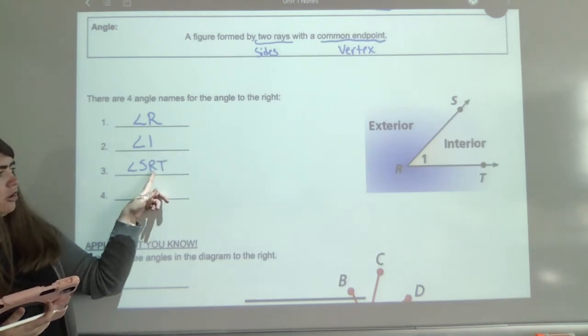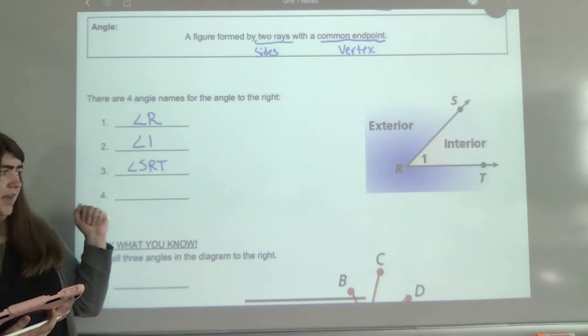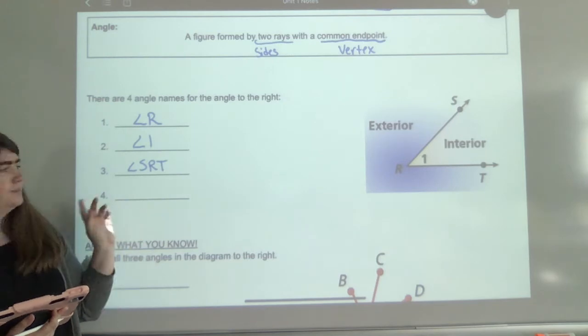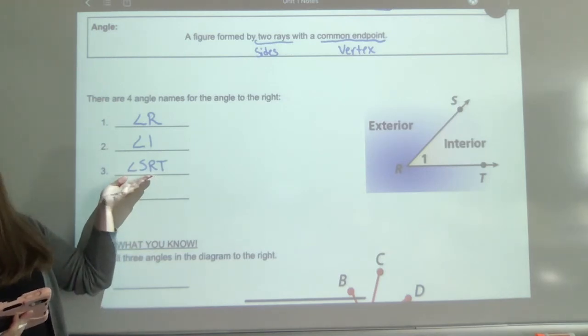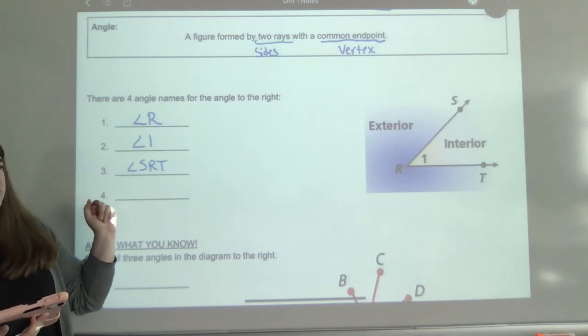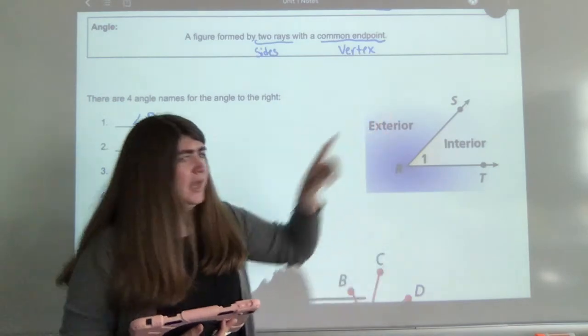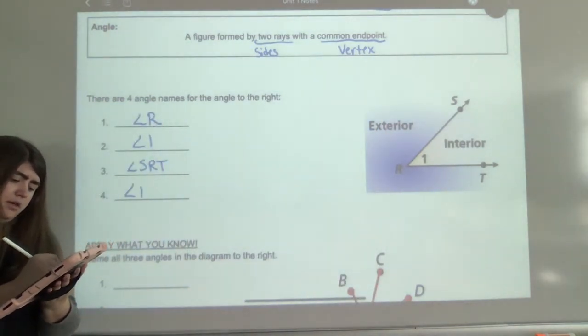Again, make sure that R is in the middle, and this angle marking is what tells us that we're working with an angle. That differentiates this from a plane, which has no markings at all. Our fourth option is actually the same as number 3, but it's in reverse. So we're going to start on the other ray with T, go to R, and come to S. So my fourth option is angle TRS.